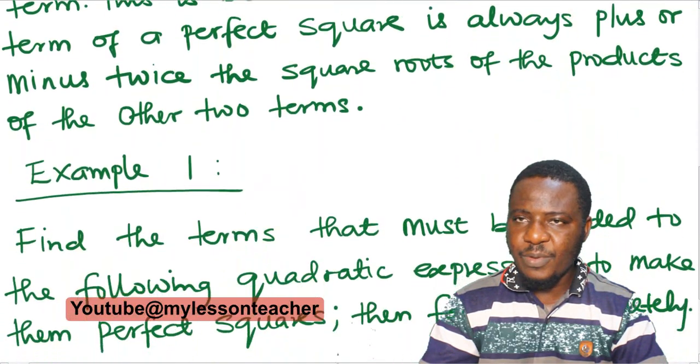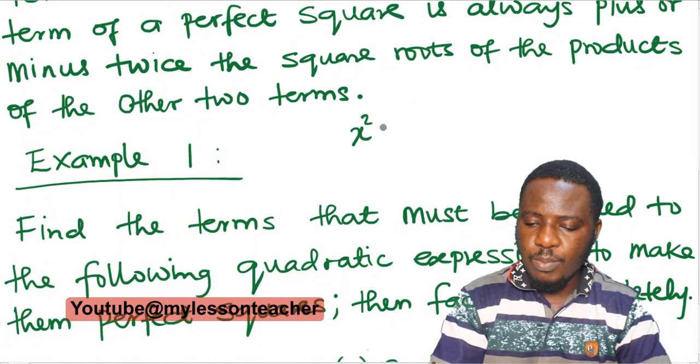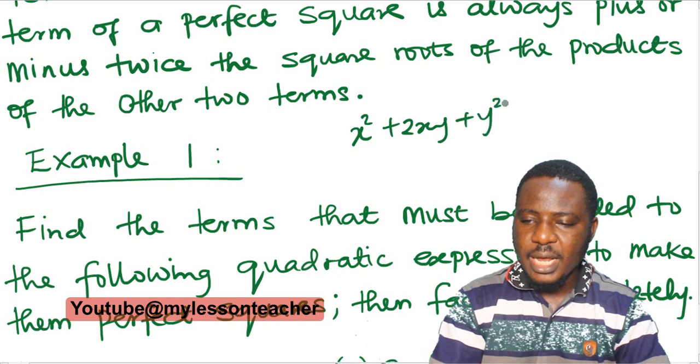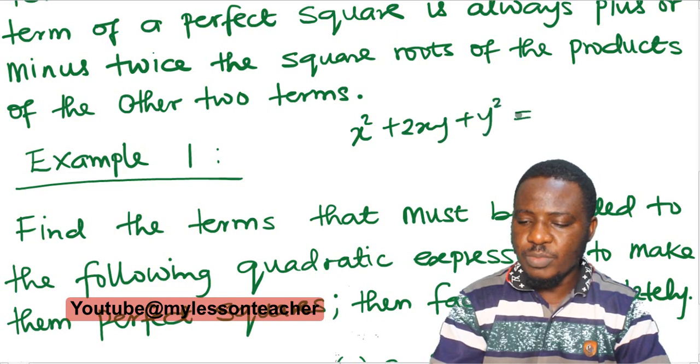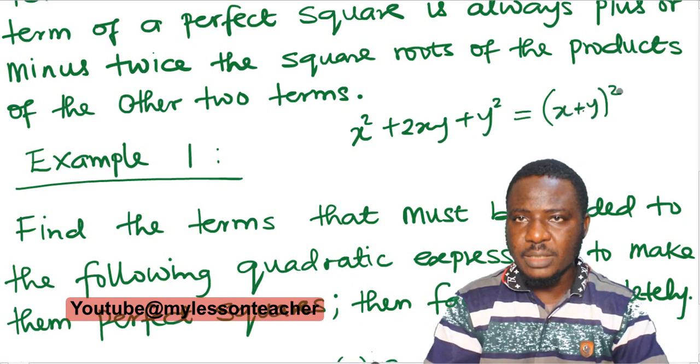Remember at the previous class where we said x squared plus 2xy plus y squared is said to be a perfect square if it can be factorized into x plus y all squared.